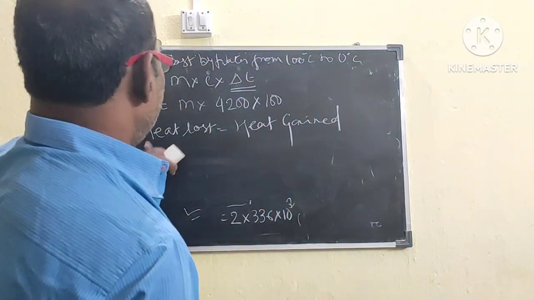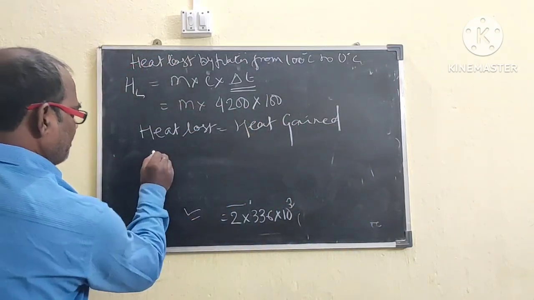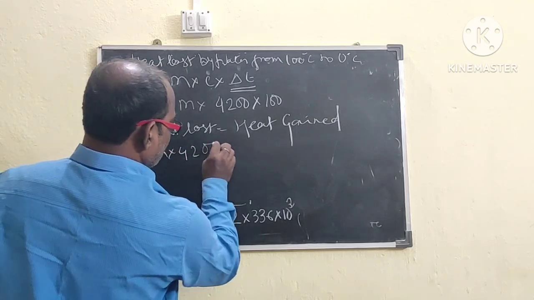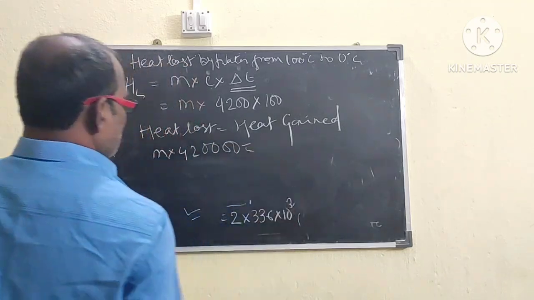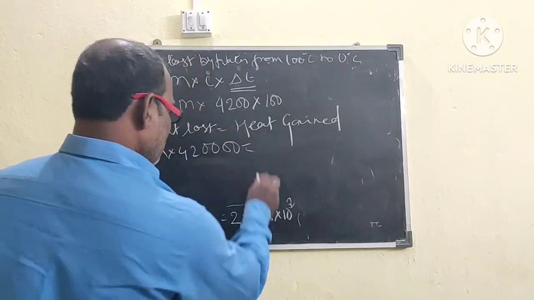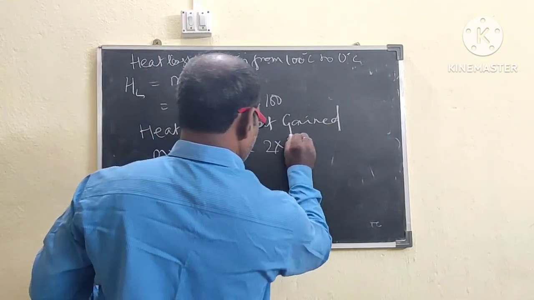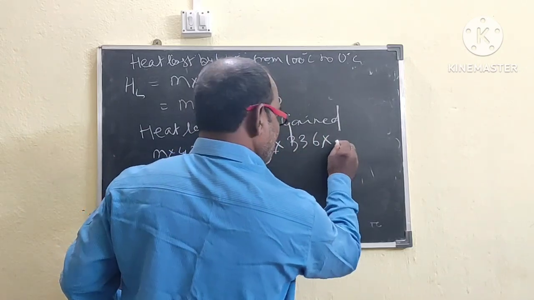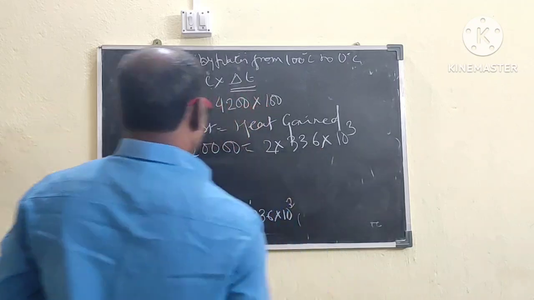So heat lost is m into 42000, equal to heat gained, that is 2 into 336 into 10 to the power of 3.